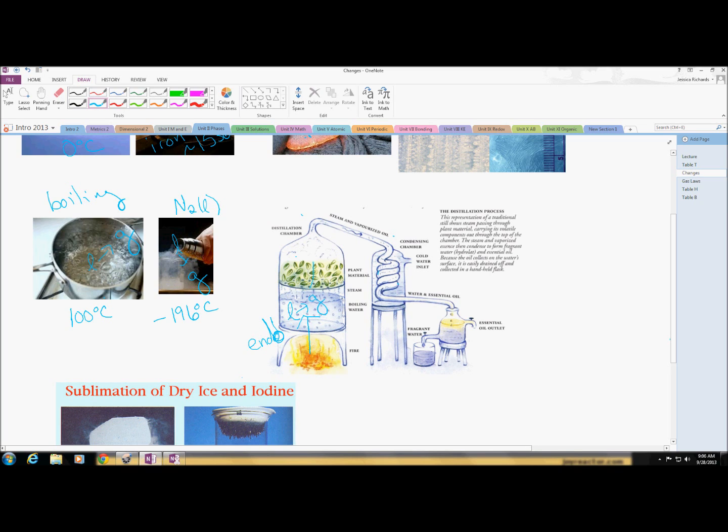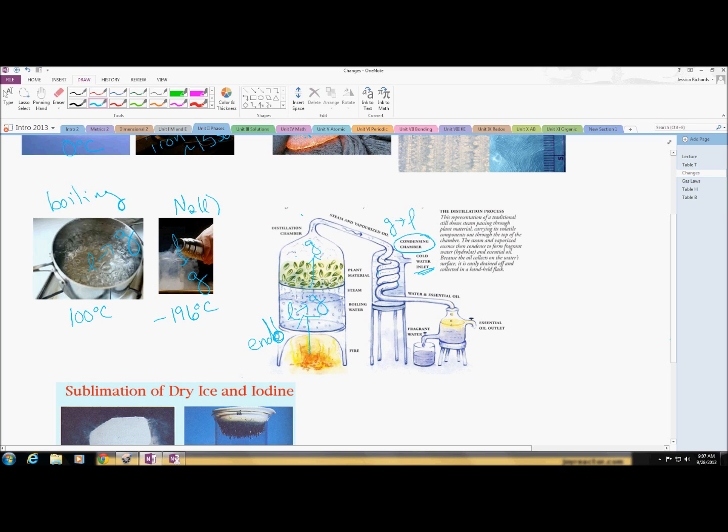That steam separates out other liquid compounds from this plant material. So pretend these are rose petals or leaves, some kind of plant they want to make a perfume out of. And up here we have just gas, and that gas is going to go into this condensing chamber. So condensing, turning a gas back into a liquid.